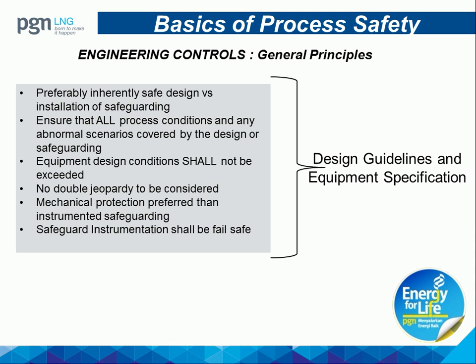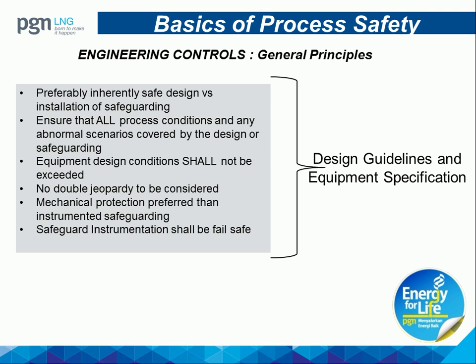And then the equipment design condition shall not be exceeded. This is very clear. But we also need to ensure that no double jeopardy is considered during design. Double jeopardy means that two independent incidents happen at the same time, which is very unlikely.